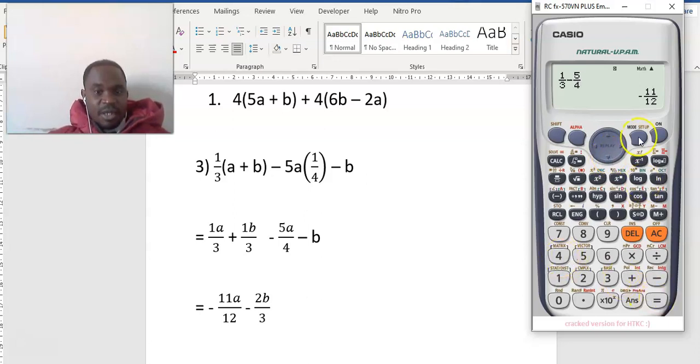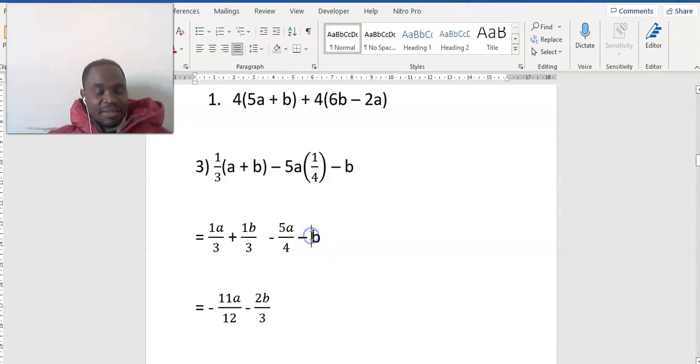What does it give me? Negative 11 over 12. Then you bring the A. You put the A at the numerator. Then let's deal with this one. You can even put 1 here. It's fine.